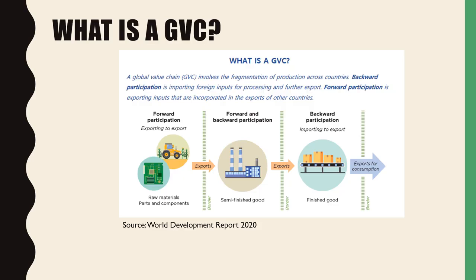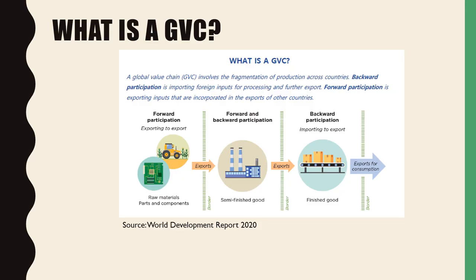So this is forward participation. The same goes for parts and components. A component of a smartphone may be produced to export and to be reproduced in another country to export. So these two are examples of forward participation.